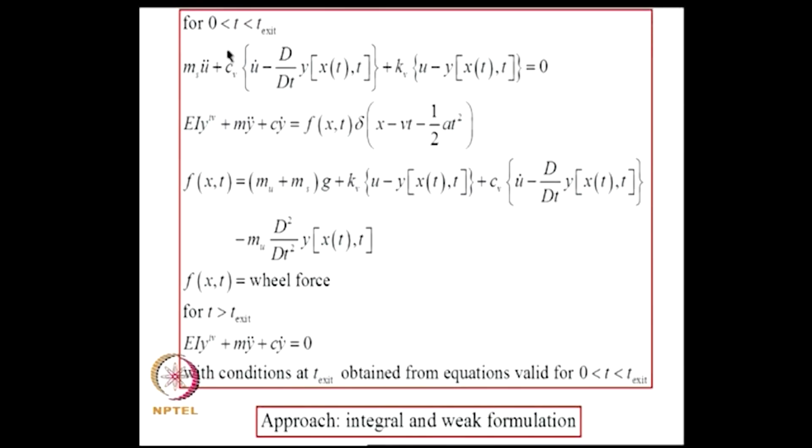That means as the vehicle leaves the bridge, the displacement and velocity field of the bridge must be captured through the model that is applicable for this time regime. The snapshot of the bridge response at t exit will serve as initial conditions to solve this problem.